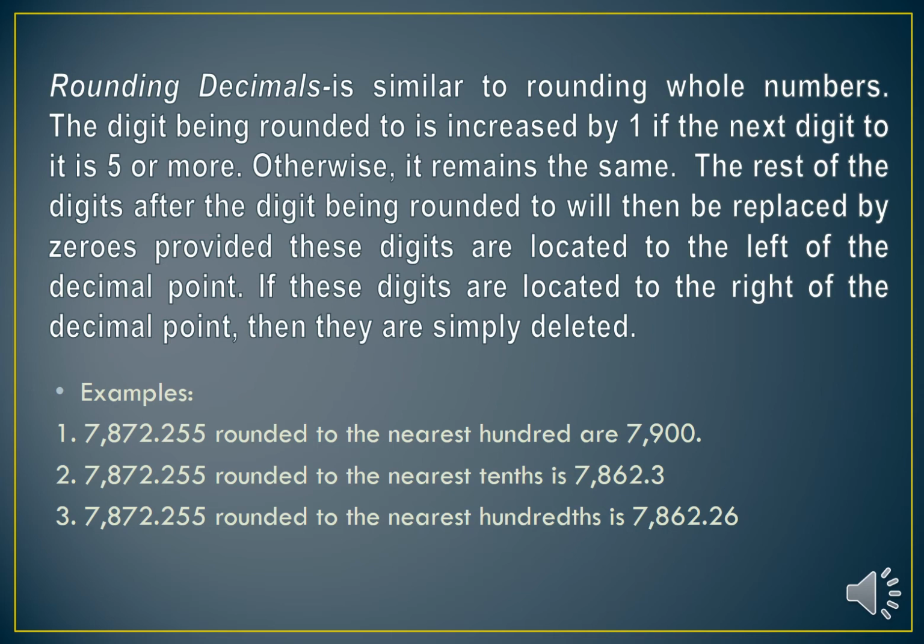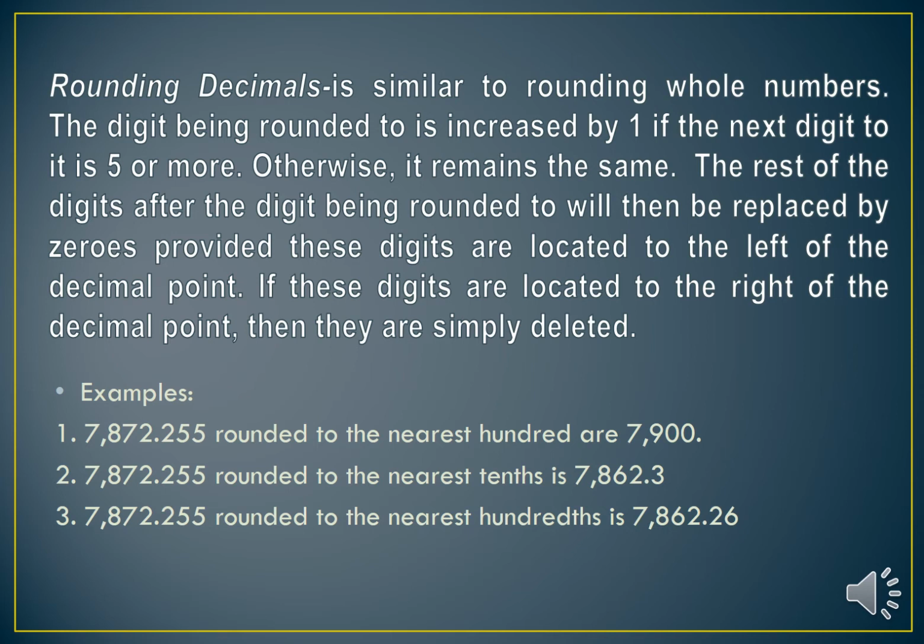Example number 1, 7,872 and 255 thousandths. If we are going to round it to the nearest hundred, hundreds are from the decimal point going to the left.